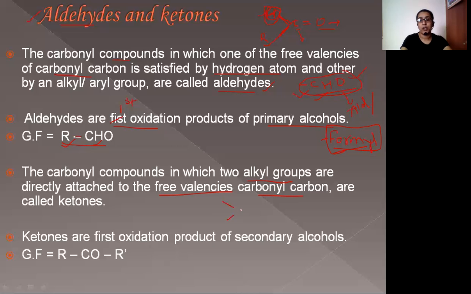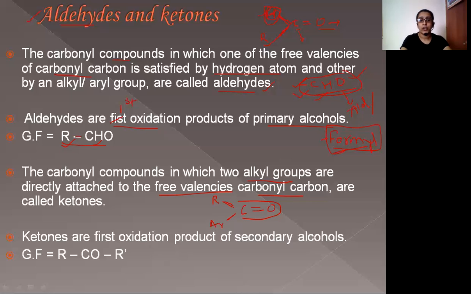That means when the carbonyl carbon is attached to 2 of the alkyl group or aryl group or one alkyl, one aryl group, okay, or both aryl group, at that time that is known as ketone group. Okay, that means यहाँ पे hydrogen नहीं होगा. If this carbonyl group is attached to one hydrogen, that time it is aldehyde. And if both the valencies are satisfied by alkyl aryl group, that time it is ketone.